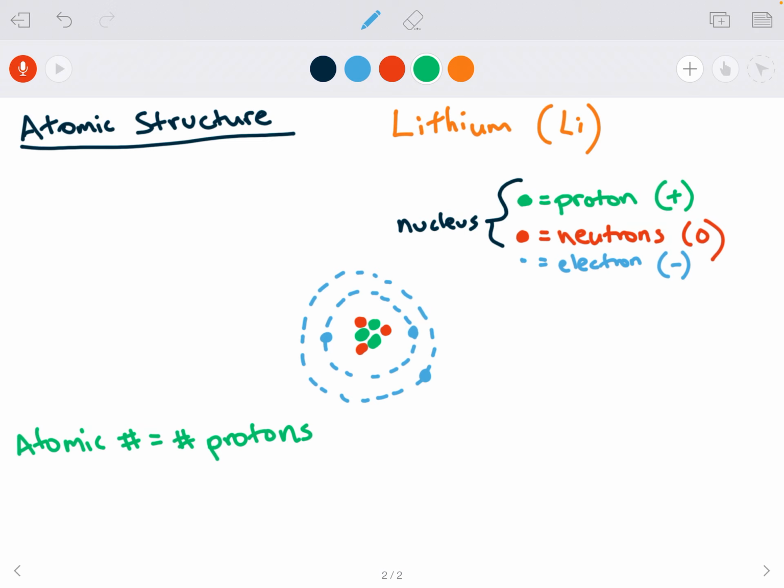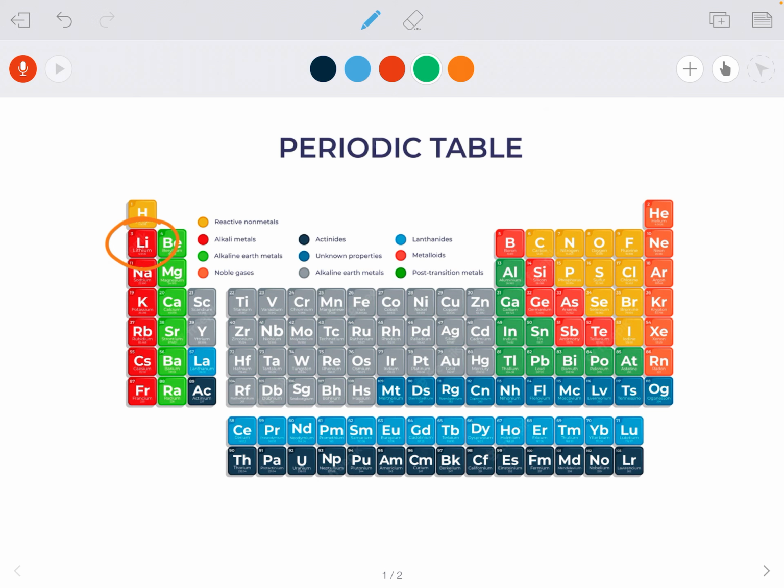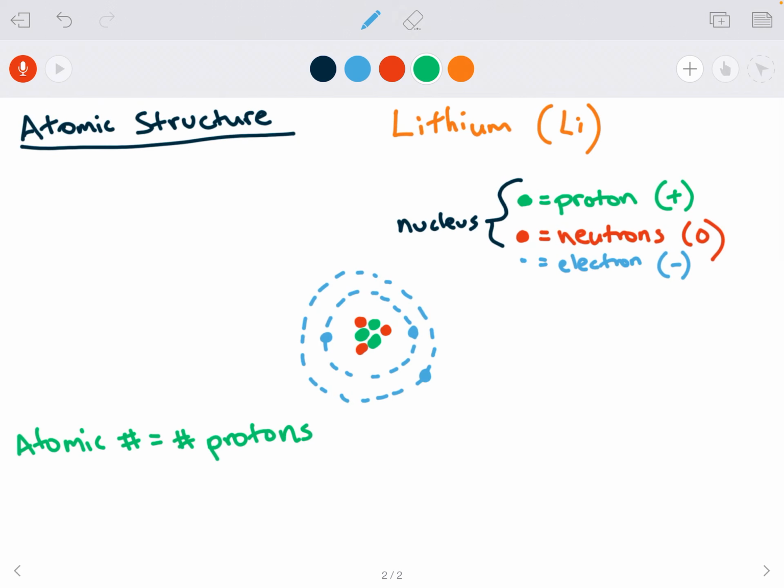If you change the number of protons, you change what atom you're looking at, what element you're looking at. If I lose a proton, right, I'm helium now, because helium is atomic number 2. So changing the number of protons changes what element you have.